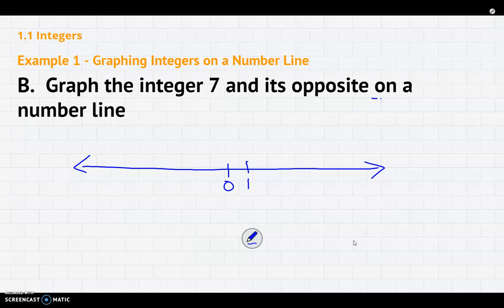So we're going to go 1, 2, 3, 4, 5, 6, and 7, and we can graph 7. And then the opposite of 7 is -7, so let's go the other direction. -1, -2, -3, -4, -5, -6, and -7. Okay, and then we can graph that integer as well.